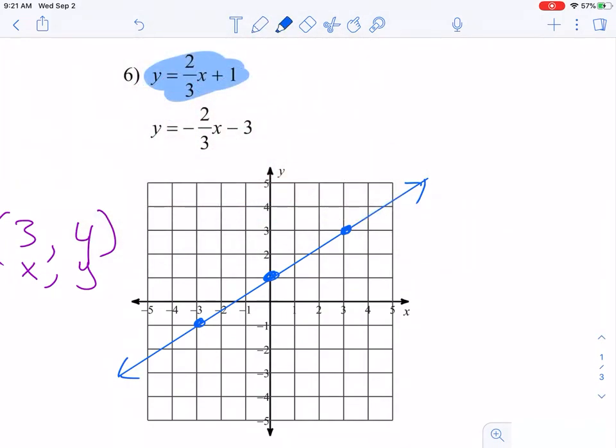In red, I'm going to begin at negative 3, and because of this negative, I'm counting down 2, right 3. So I'm going to go down 2, right 3. I can also do the exact opposite and go up 2, left 3.